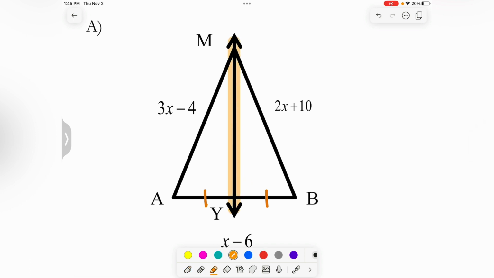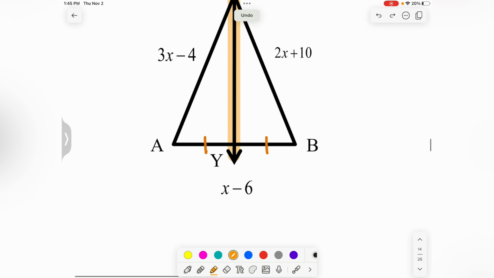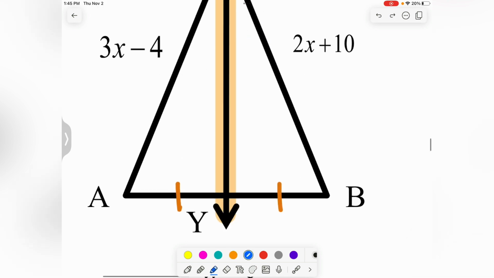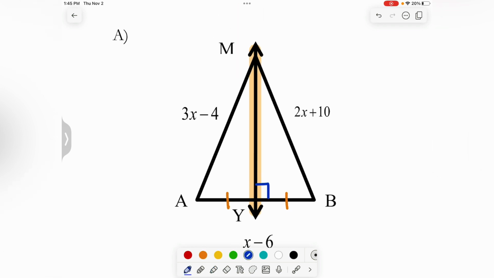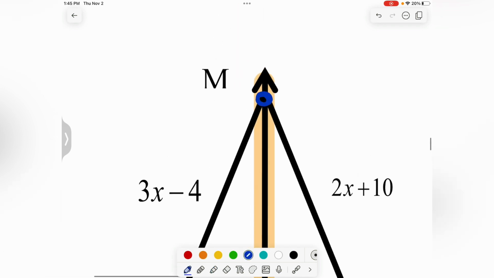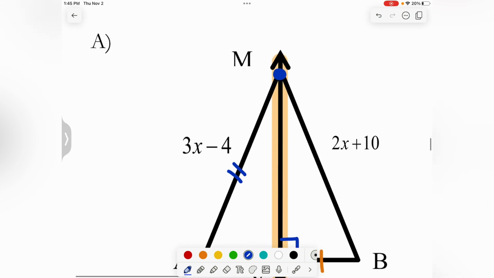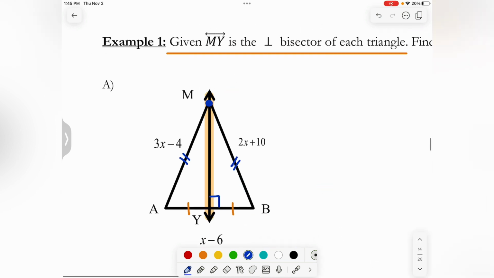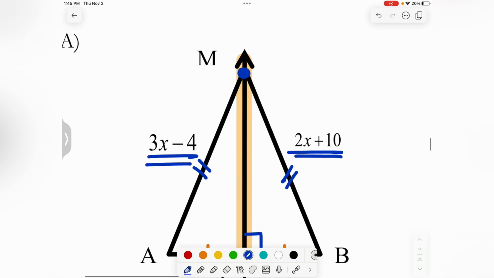So here's MY, and so AY, this guy, is going to be congruent to this Y because it's a perpendicular bisector. And then also I know that this angle is a right angle. Now, since M is on the perpendicular bisector, it's like an isosceles triangle, okay? So I can set these two equal to each other.